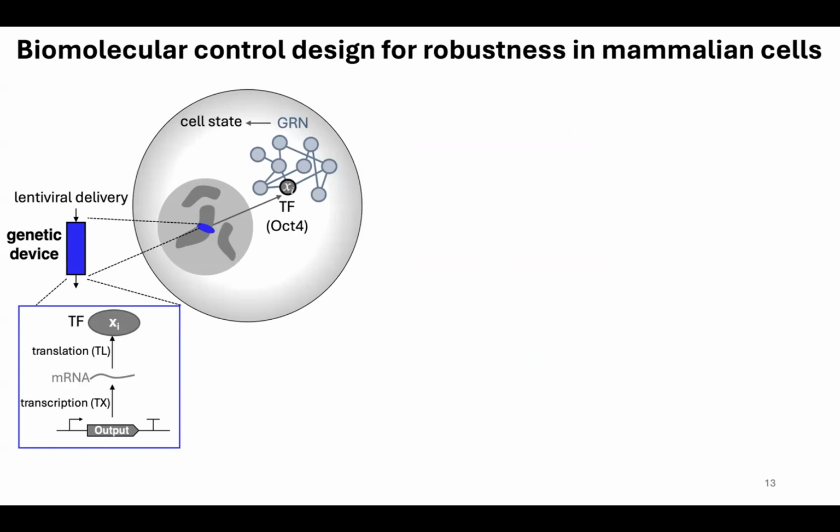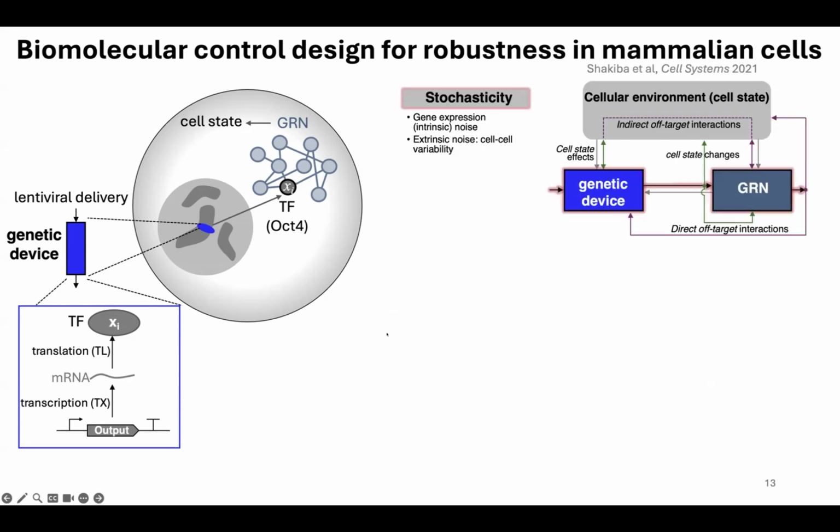Again, we are going to regard the system that we are trying to control as our genetic device. The production of this transcription factor, OX4, for example, is subject to a number of disturbances.